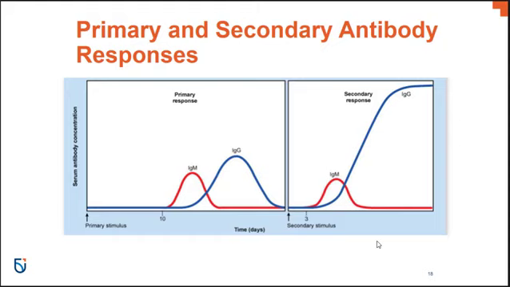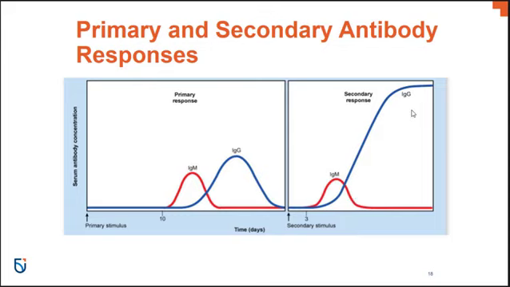Now let's look at a later encounter with the same antigen. This will trigger those waiting memory cells to act faster than before, and they will produce even more memory cells and plasma effector cells that release more antibody than before. This later encounter, or secondary stimulus, is going to produce a secondary response, but you can see that this is a much faster and much grander response.